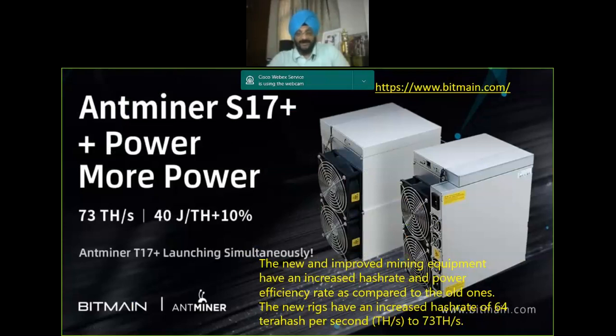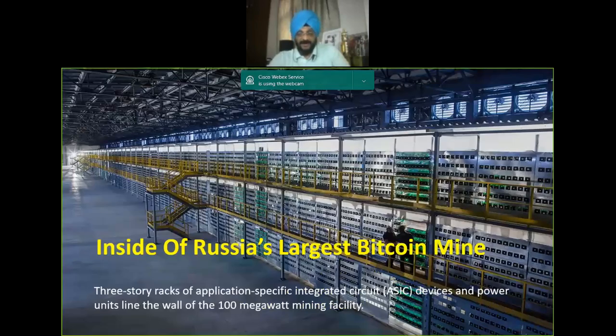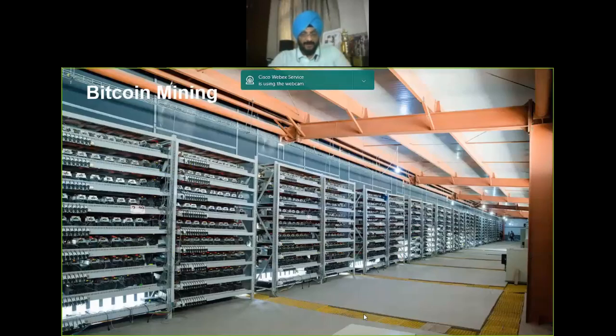And this is how the data centers look. This is in Russia, where they're only mining Bitcoins. Just see the number of ASIC devices being integrated, and they have a 100 megawatt mining facility. This is again Bitcoin mining somewhere in China, in the colder parts of China.